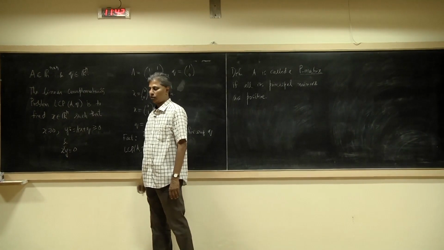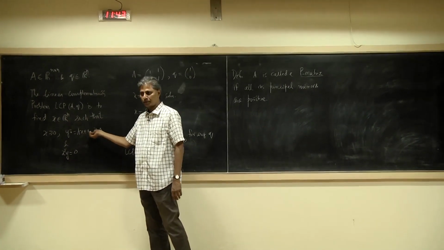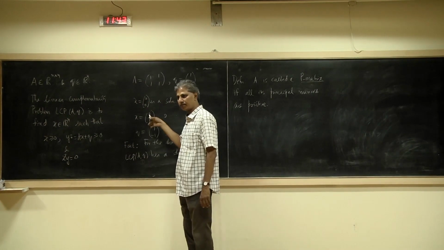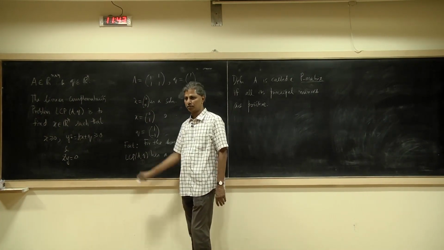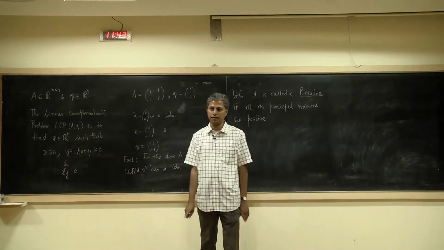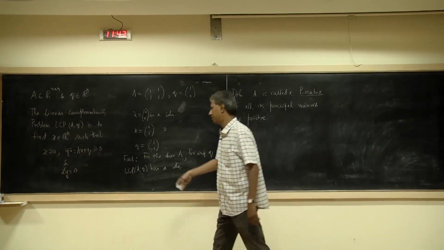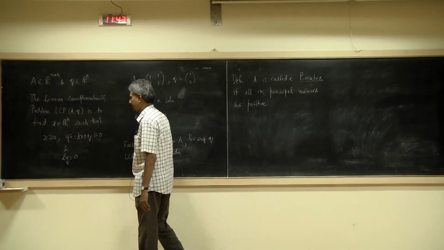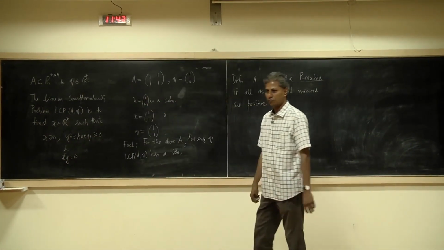Not necessary. This Q imposes a restriction. It has happened in this case that a non-negative multiple is a solution, but otherwise there is no guarantee. Q can have a negative coordinate, and so that can come in the way of this sum being non-negative. So it's not always true.